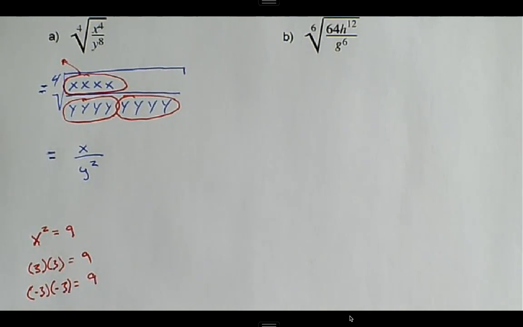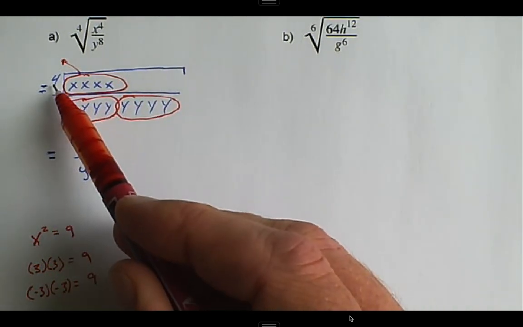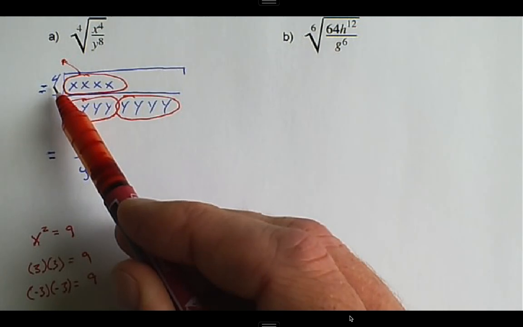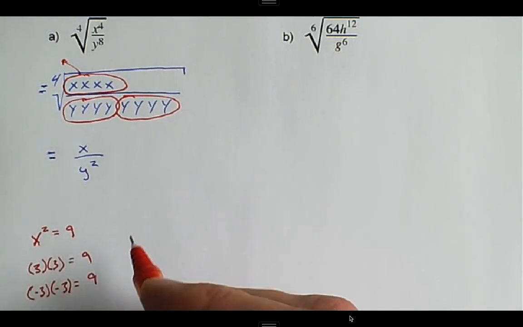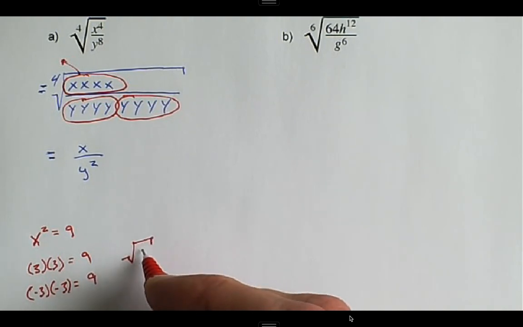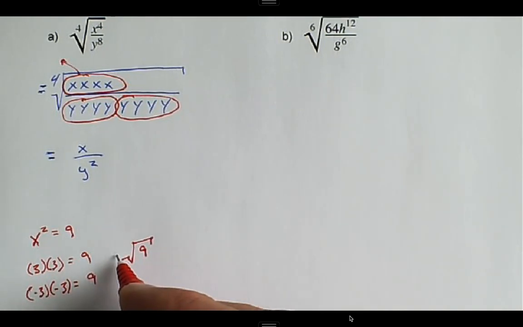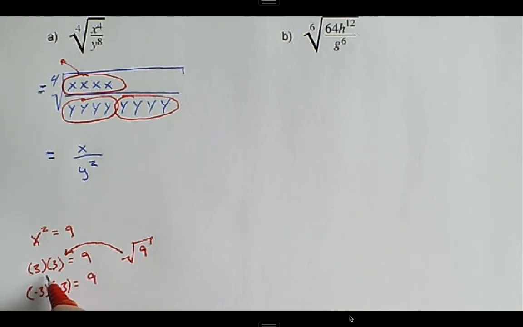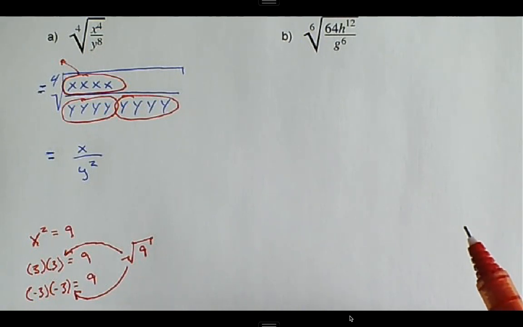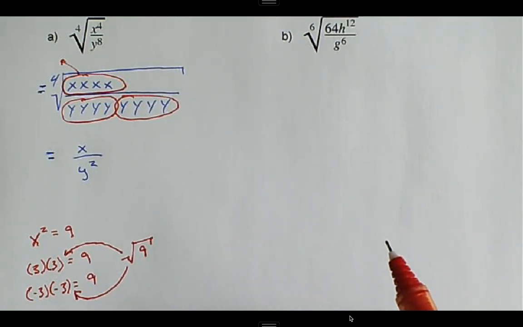So whenever we're solving, when we have an even radical, we have to be able to consider both solutions. Because if we took the square root of 9 in this case, we don't know if the solution would be 3 or if the solution would be negative 3. So when we're writing our answer, we need to make sure that we account for that.